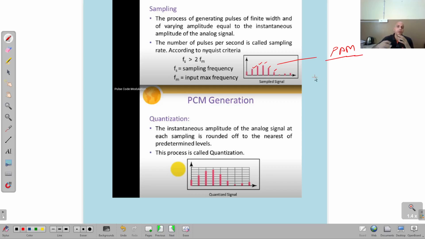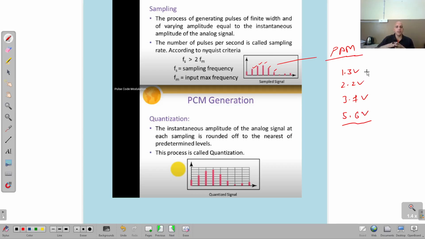So we are going to do the quantization. I mean, suppose this value of amplitude is 1.3 volt, or 2.2 volt, or 3.7 volt, at any particular instant it is 5.6 volt, like that.